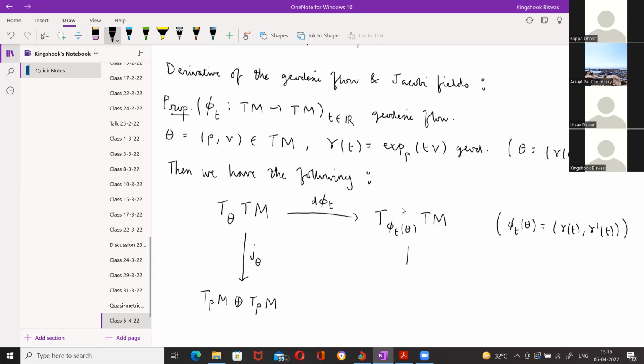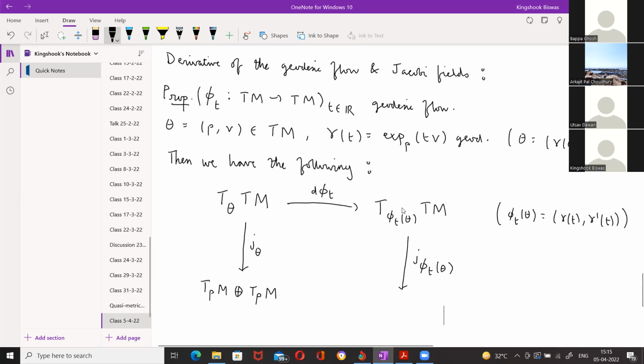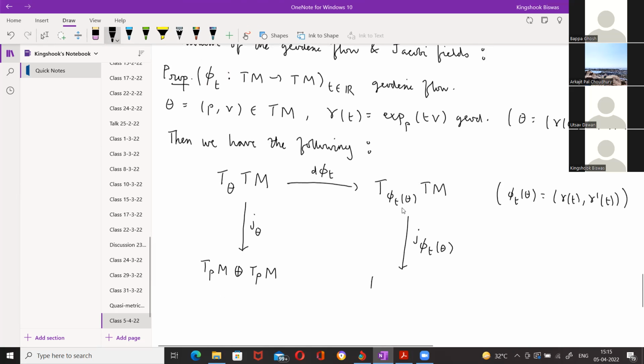And I have J sub phi_t of theta here. So this will go to T_{gamma(t)}M direct sum T_{gamma(t)}M.